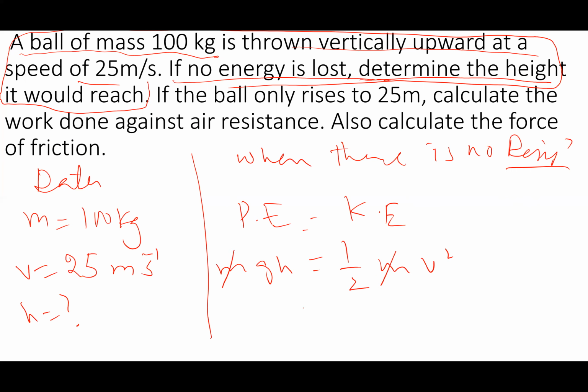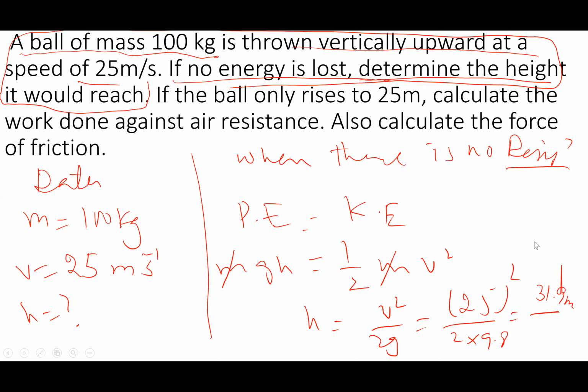Canceling m, h is equal to v square divided by 2g. That is 25 whole square divided by 2 multiplied by 9.8. You will get the answer here, 31.9 meter, if there is no resistance.